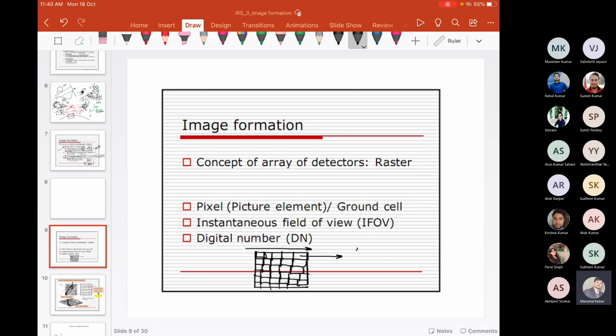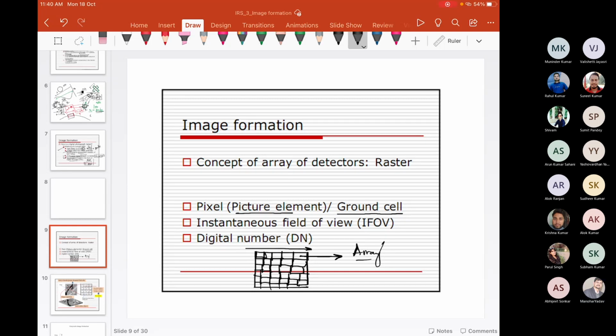We call them an array, and this array is comprised of many pixels arranged in a row. We use many terms to represent a pixel, like picture element, ground cell, ground resolution cell, etc.